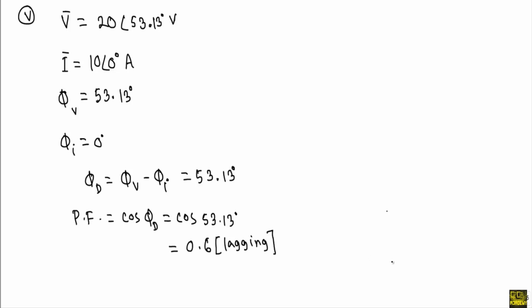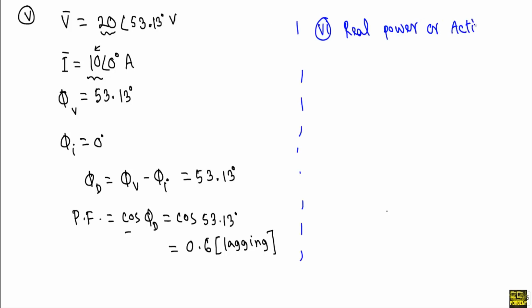Okay, now see, we know the value of power factor, we know the RMS value of current, we know the RMS value of total voltage. Therefore the real power or active power P is equal to VI cosine phi d.